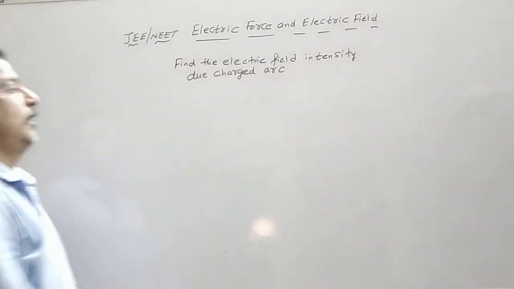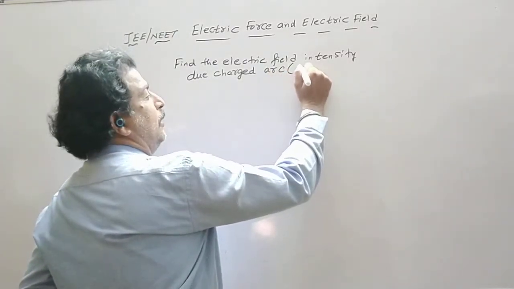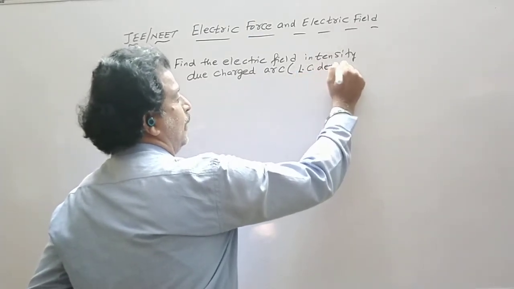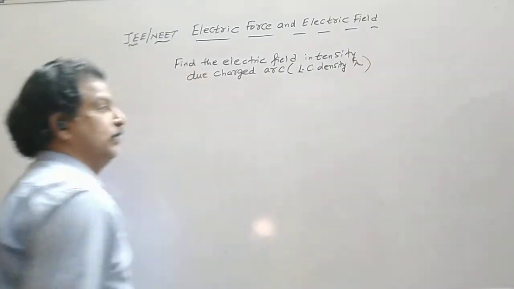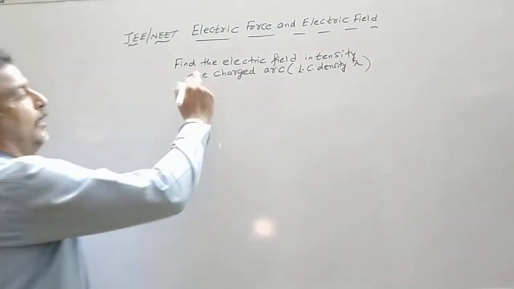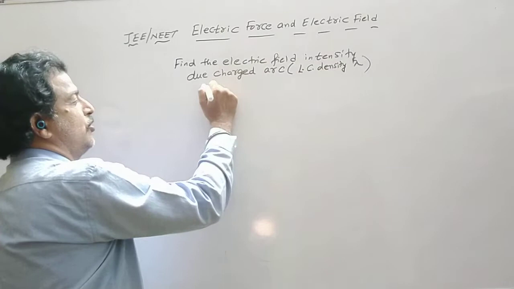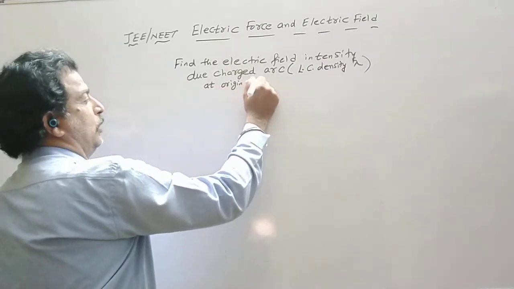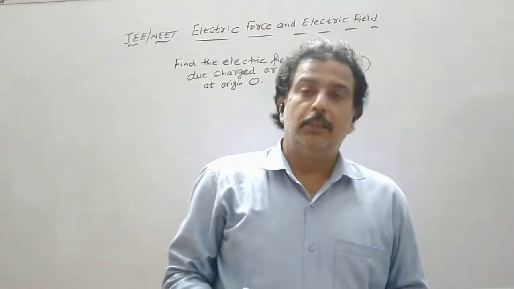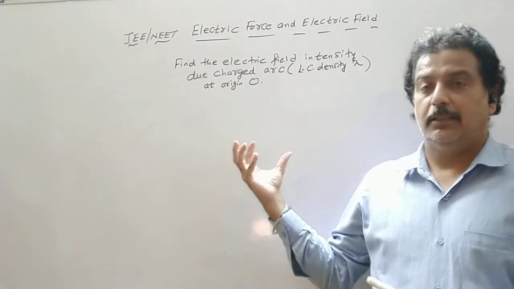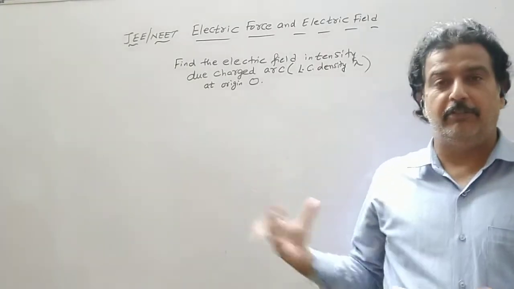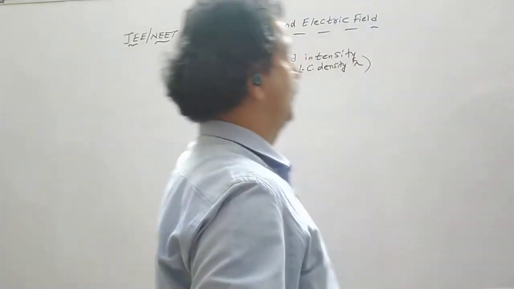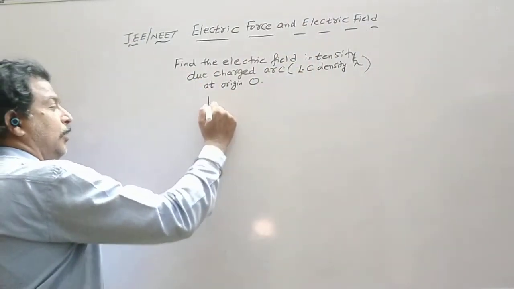Now a charged arc has a density, that is a linear charge density lambda, and you have to find the electric field intensity due to the charged arc at the origin. So this is one of the important theories. Now if we remember the formula, whatever we will derive, we can directly apply it to the MCQ. Otherwise you have to solve the numerical.